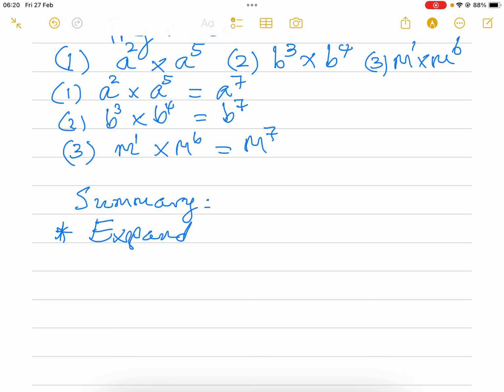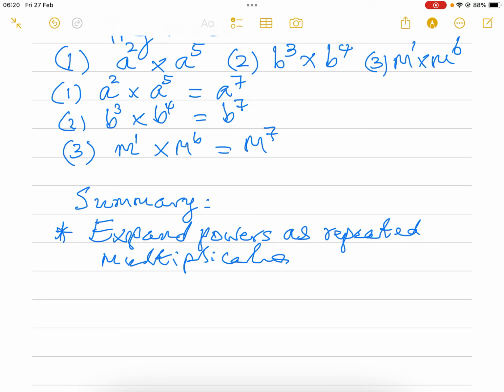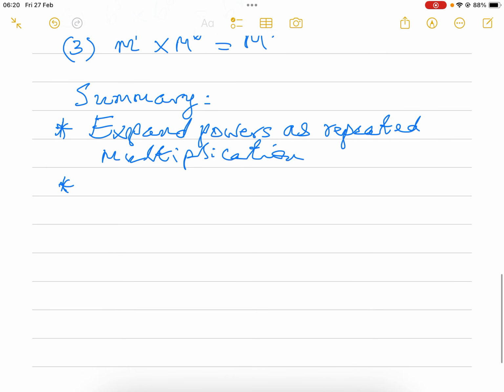Expand powers as repeated multiplication.